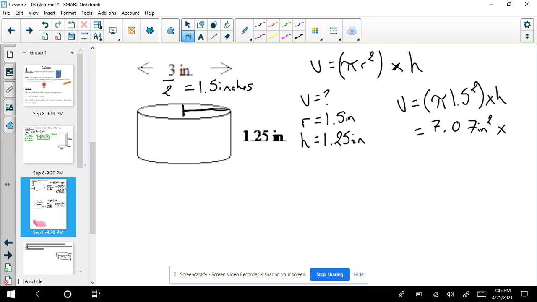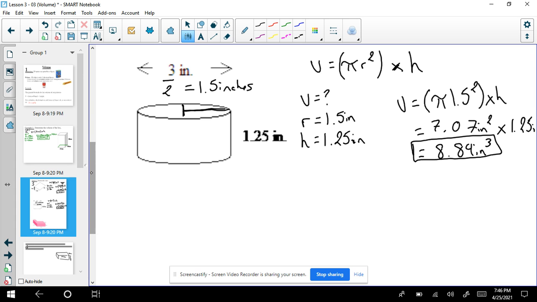I only did what's inside the brackets, times 1.25 inches. If I multiply these two together, I get the volume of the cylinder, and my volume is 8.84 inches cubed. Because I get inches squared here, times another inch is going to give me inches cubed. And then I would box my answer for this one too.